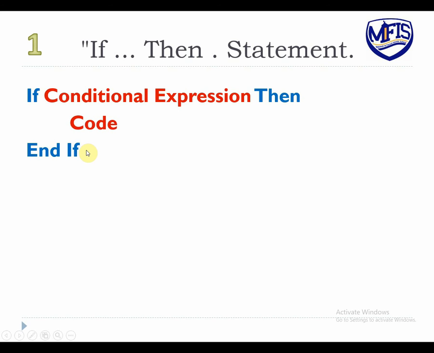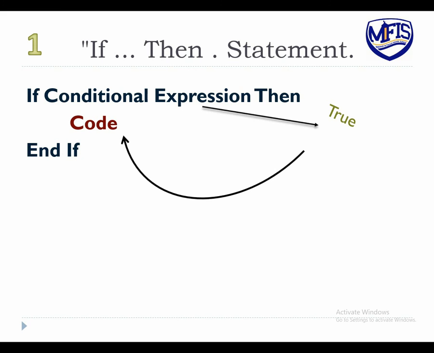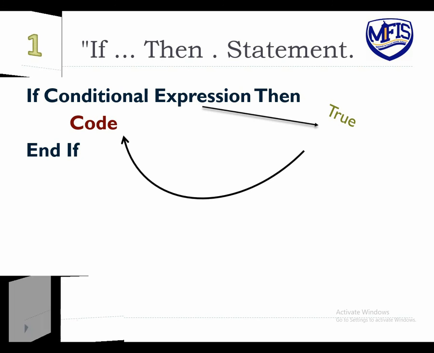This syntax of if-then is a conditional or branching statement. This means that if the conditional expression is true, the code will be carried out. Then you will reach the end of the if statement. Let's have an example together.